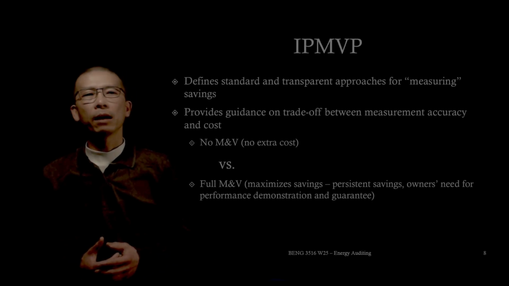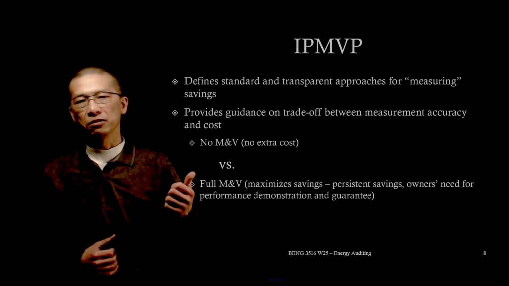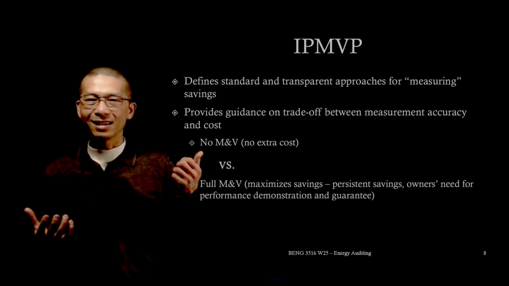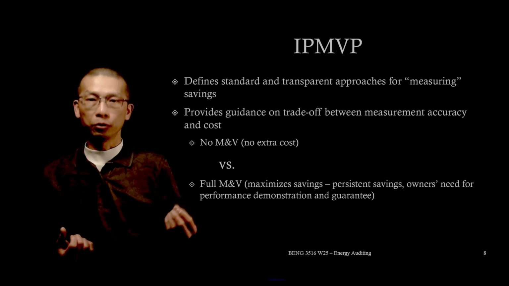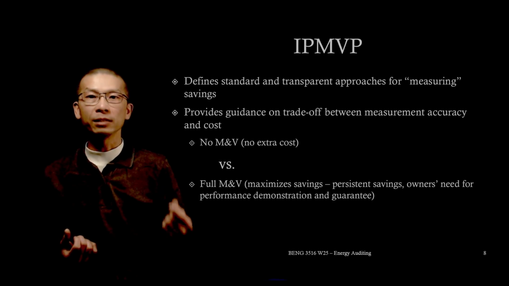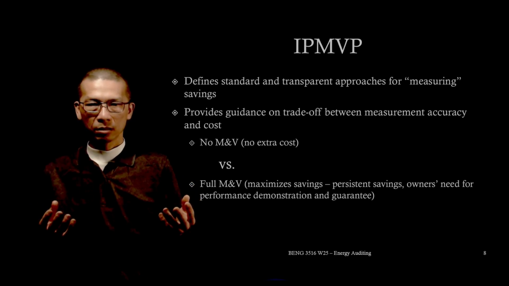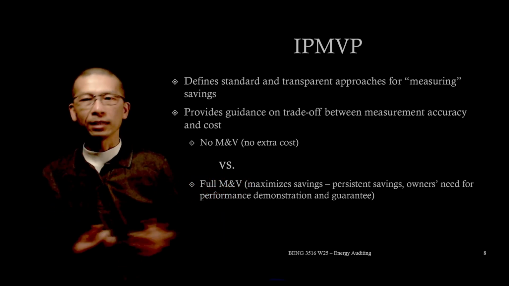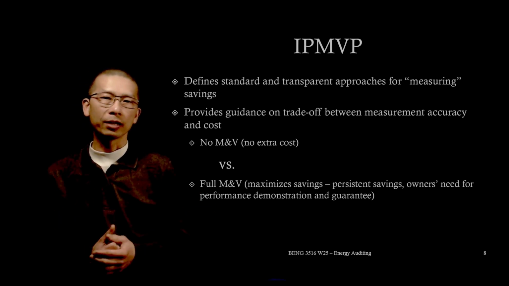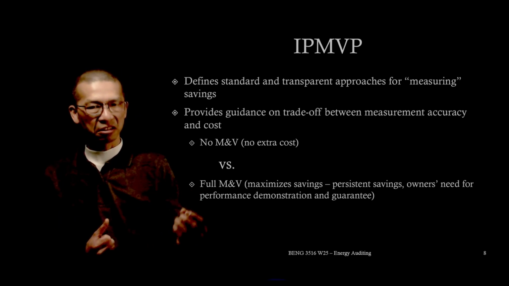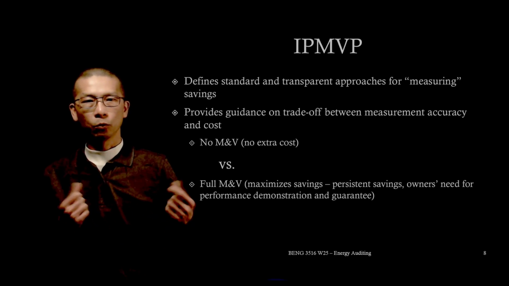Let's talk a little bit about IPMVP. IPMVP, as mentioned before, defines the standard and transparent approach for measuring savings. The MMV framework, IPMVP and ASHRAE Guideline 14, establish a standardized method to calculate energy savings in a consistent, repeatable way.